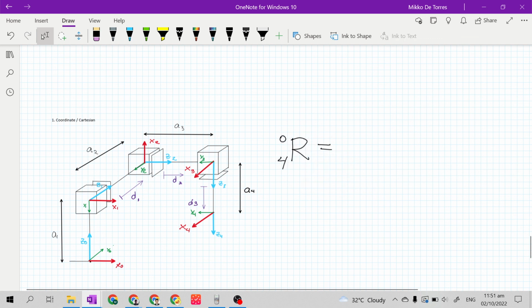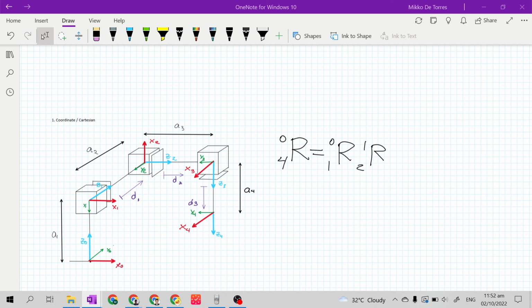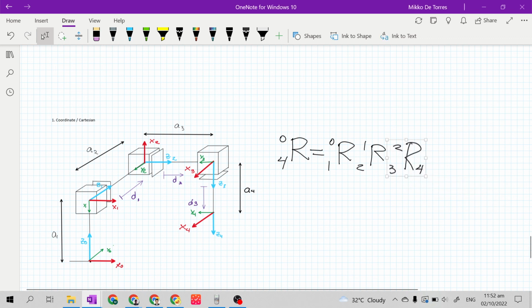So the first rotation matrix R01 is multiplied to the next rotation matrix R12. Then multiplied to the next rotation matrix R23, and lastly multiplied to R34.